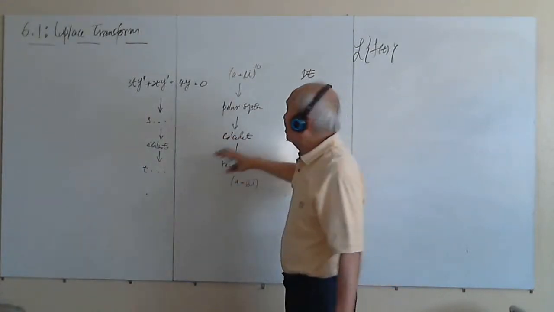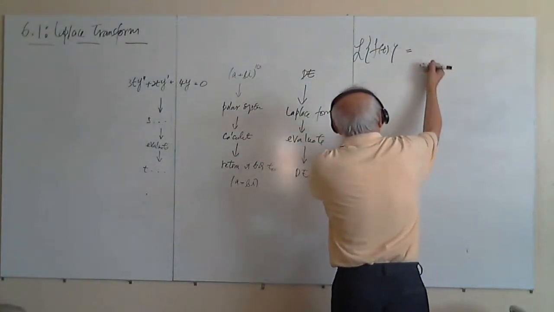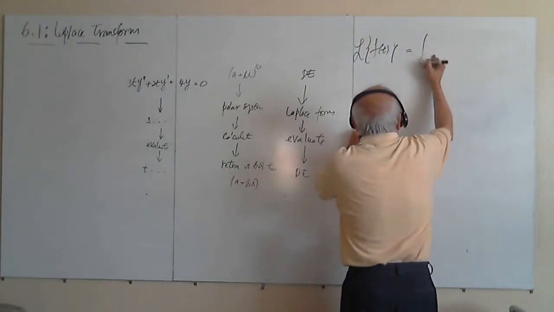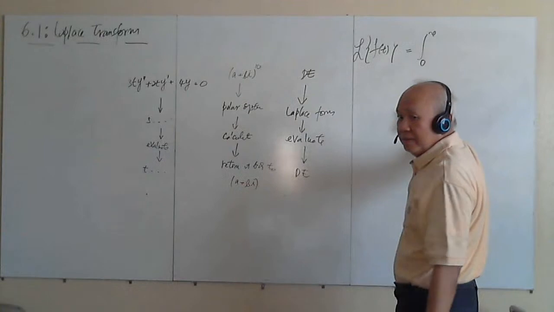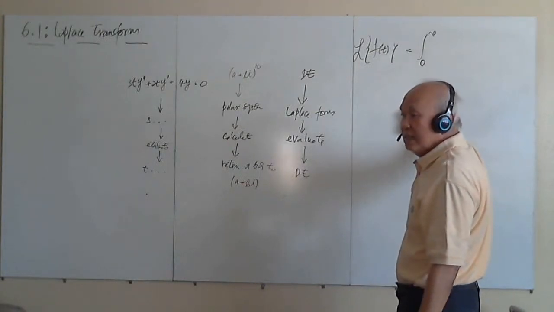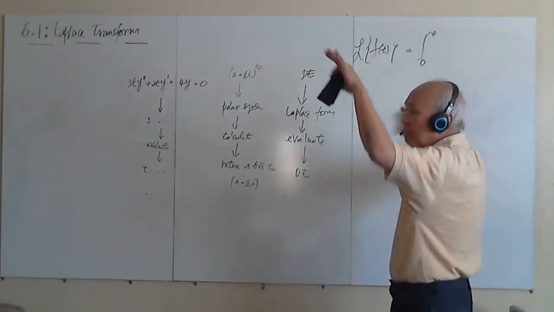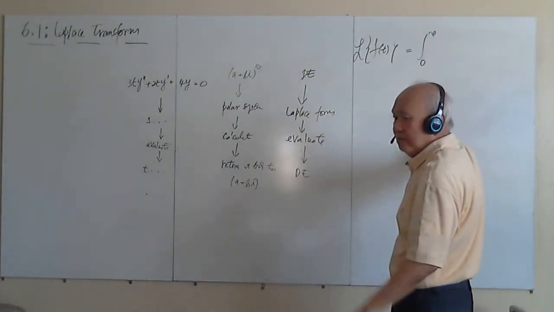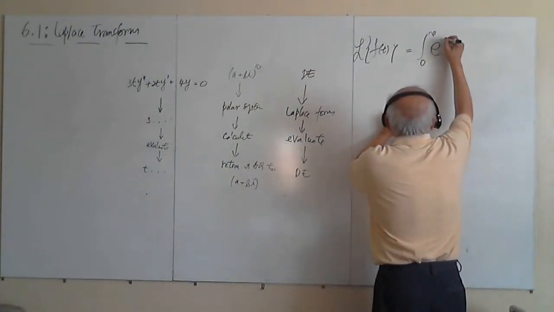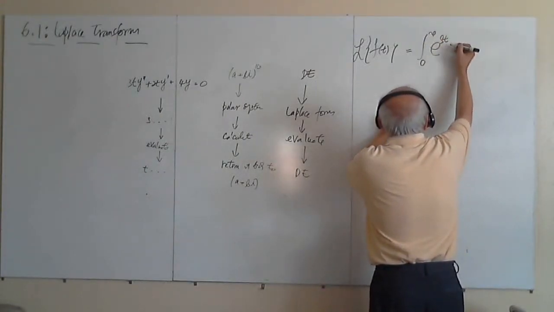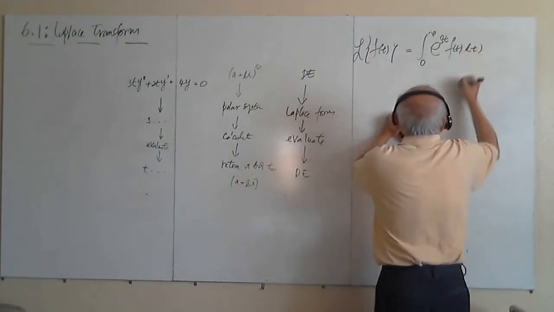Right? Okay, so the formula here, you can write it down. It's going to be equal to the integral from 0 to infinity. Remember, I'm talking about an improper integral. An improper integral always has either the lower bound or the upper bound equal to infinity. Then e to the negative st, and then f of t dt.